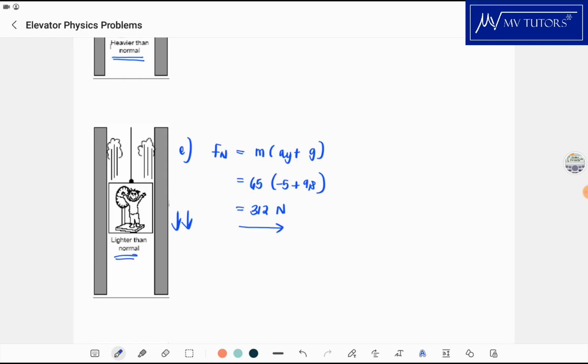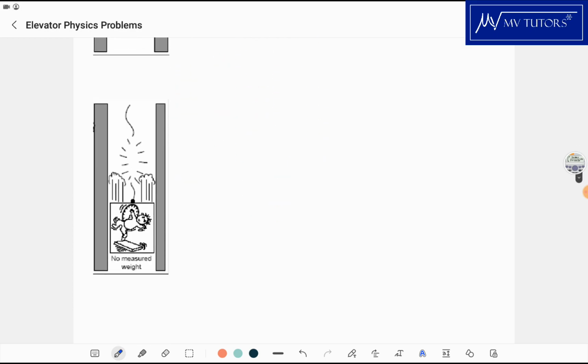All right. Now the last scenario that I wanted to look at is, what if the cable snaps? If the cable snaps, then the elevator is actually in free fall. When you are in free fall, think about being in space.